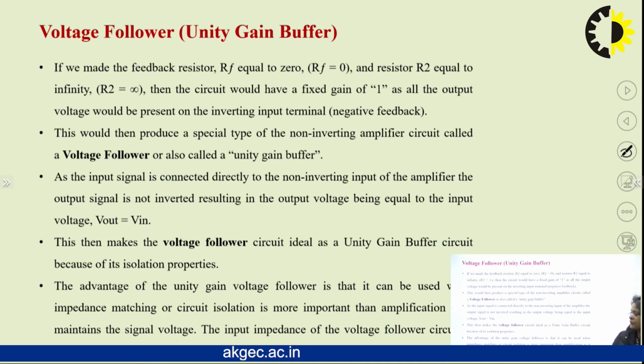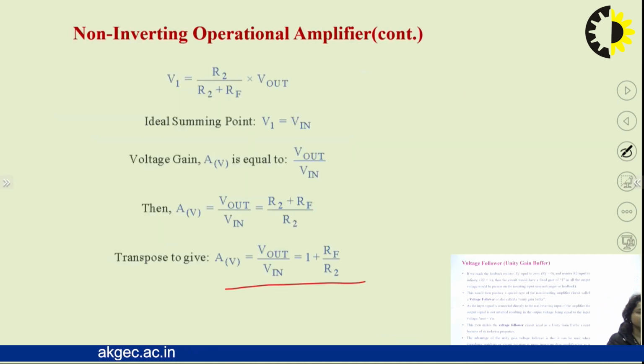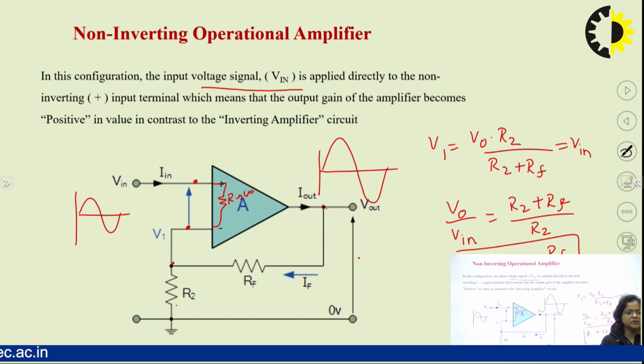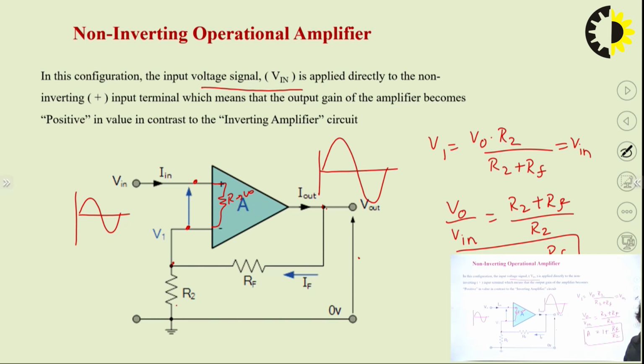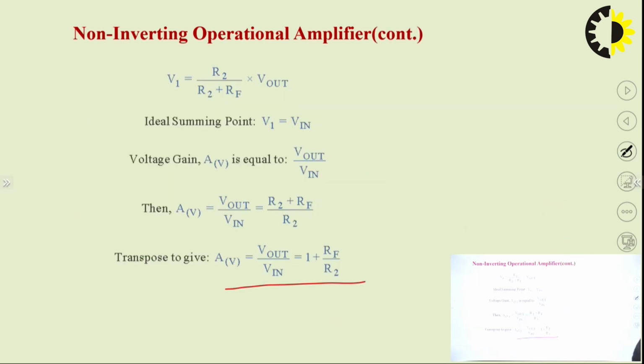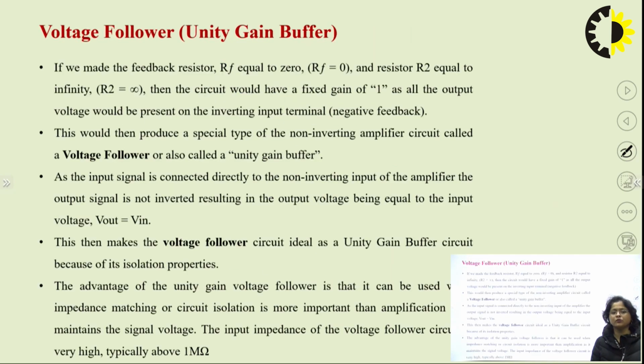Now, if we make this feedback resistance 0, that is, we directly connect output with input, then the gain will become 1, and then it is called a voltage follower or unity gain buffer or amplifier.